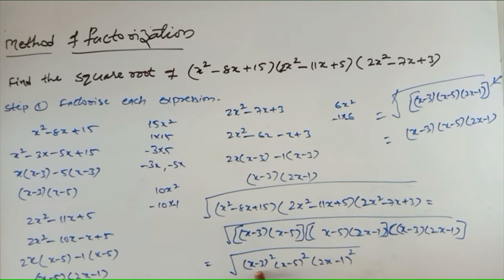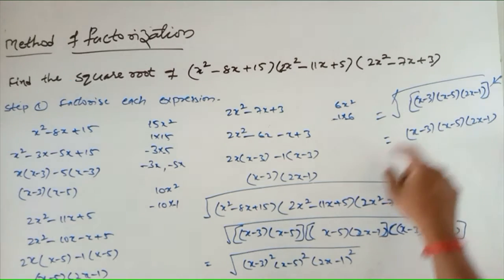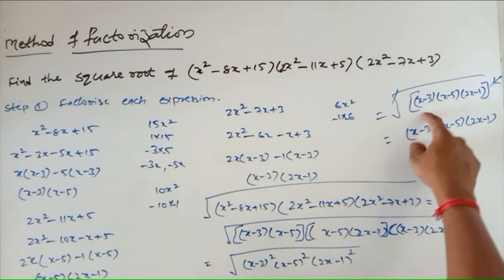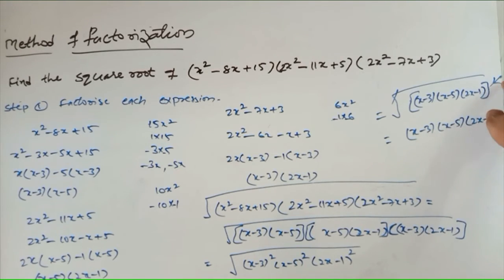Then here x minus 3 whole square, x minus 5 whole square, and 2x minus 1 whole square. So I am taking the squares, then I am going to multiply these bases: x minus 3 into x minus 5 into 2x minus 1 whole square. The square root will be cancelled. The value will be x minus 3 into x minus 5 into 2x minus 1. So this is the method how we find the square root by using factorization.